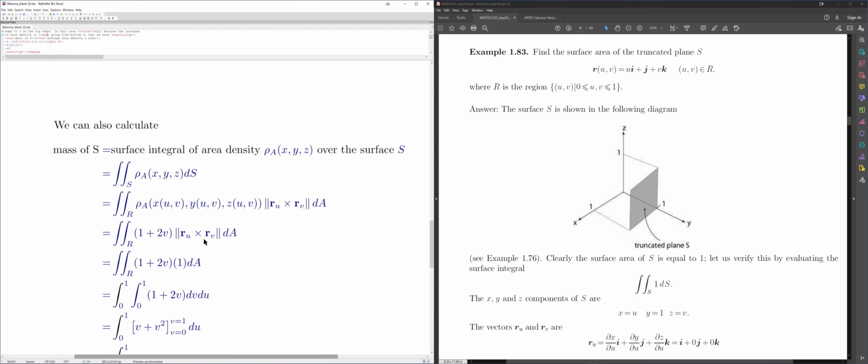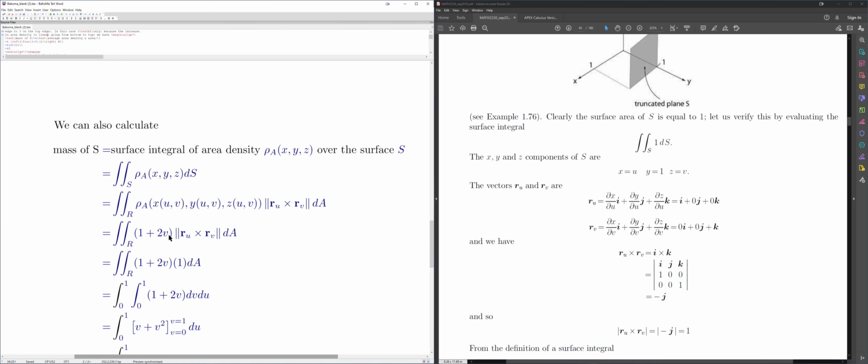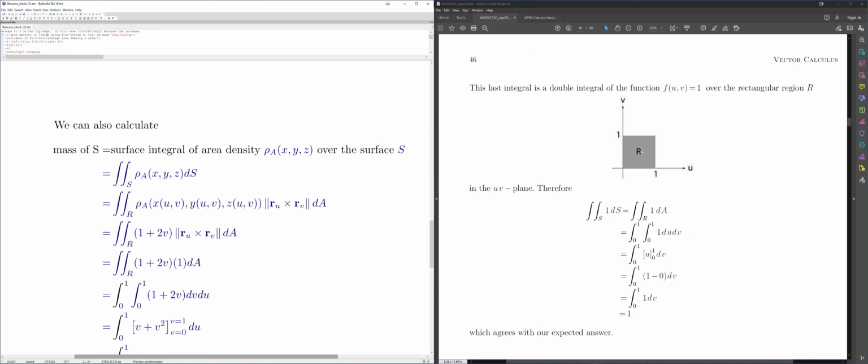And then the r_u cross r_v, as I said, is the same parametric surface S as the one over here, so the magnitude of it is also equal to 1. So integrating the area density over S is going to be the same as working out a double integral over region R, and it's the same region R because it's the same parametric surface.